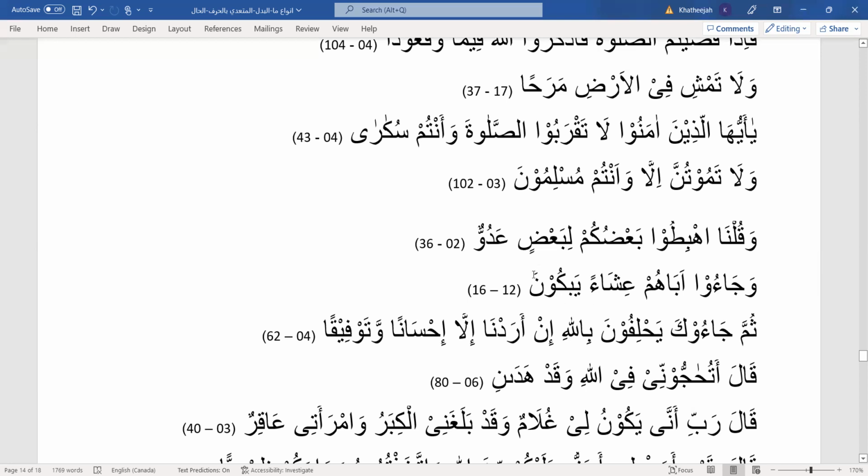But yabkuna, which is a jumla fi'liya, is used as hal here. So how will we translate? And they came to their father at Isha time while they were crying, or they came cryingly towards their father at the time of Isha, if it makes sense.